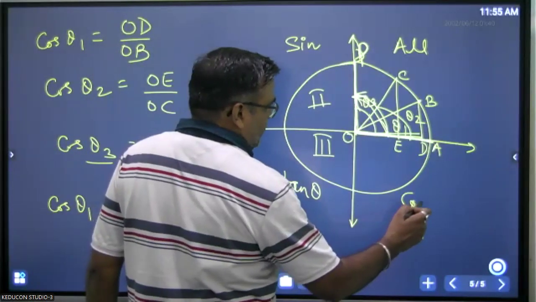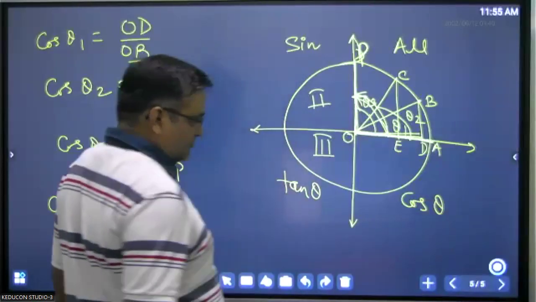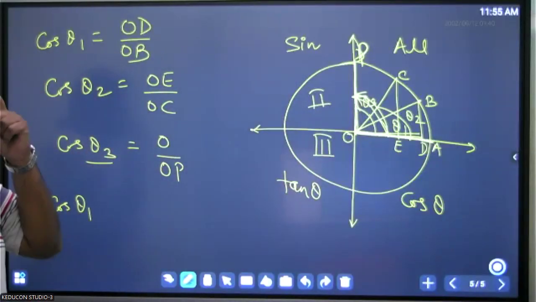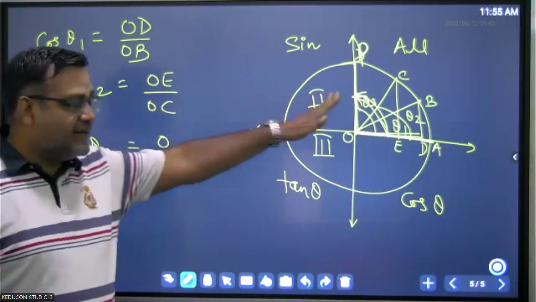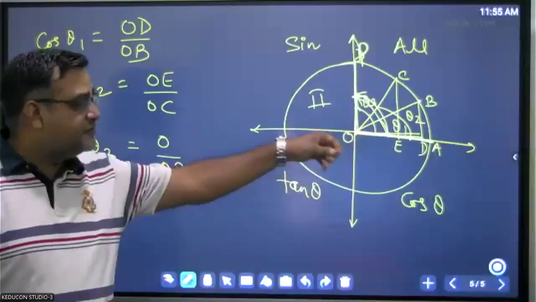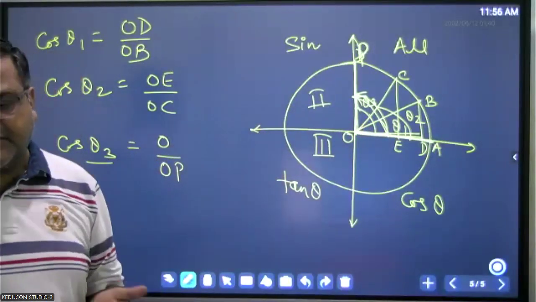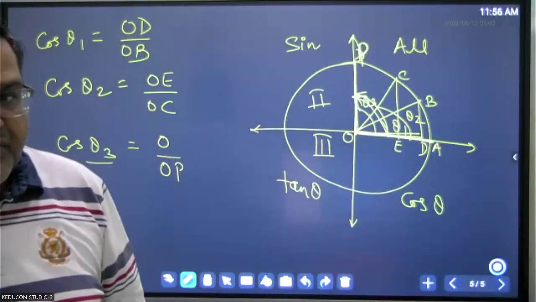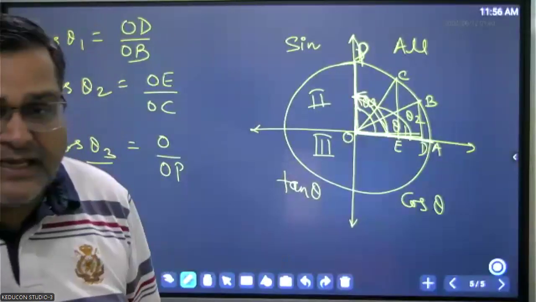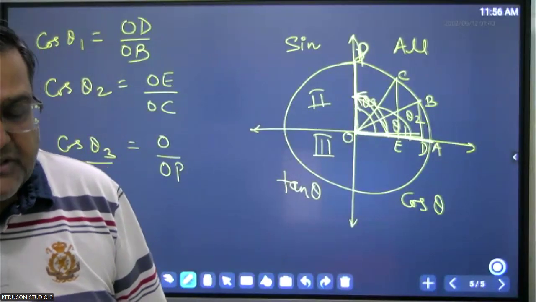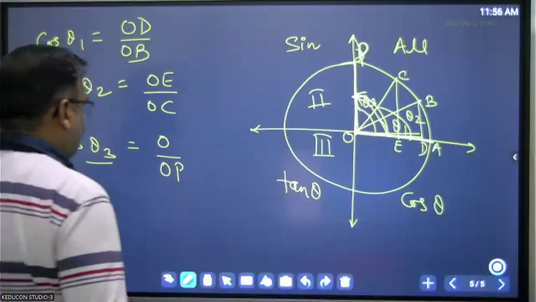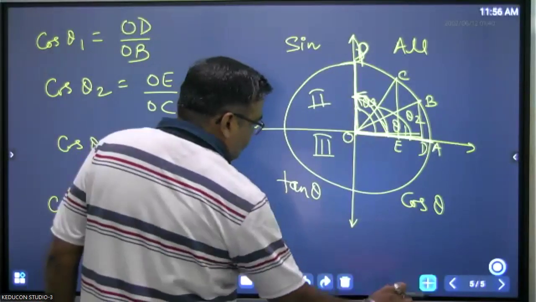And in the fourth quadrant, cos theta will be positive. This is clear? So in the first quadrant, all trigonometric ratios are positive. In the second, sin and its reciprocal cosecant are positive. In the third, tan and its reciprocal cot are positive. In the fourth, cos and its reciprocal are positive.